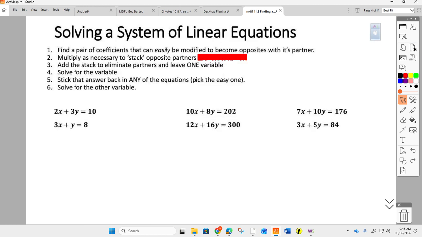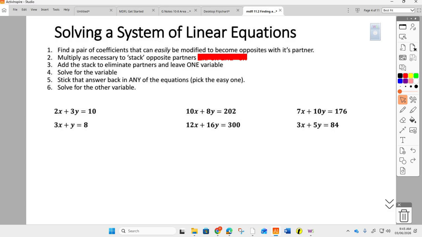All right, so the steps to solving a system of linear equations, we only have to work with two equations in our system. The first thing you want to do is find a pair of coefficients that can easily be modified to become opposites with its partners. I would say that actually the first thing we want to do is make sure we have our equations written in the same form.